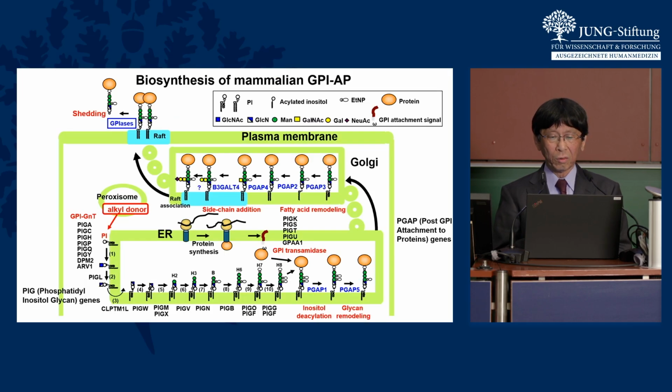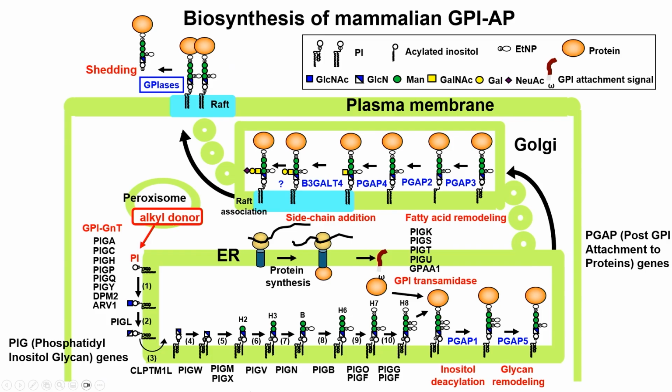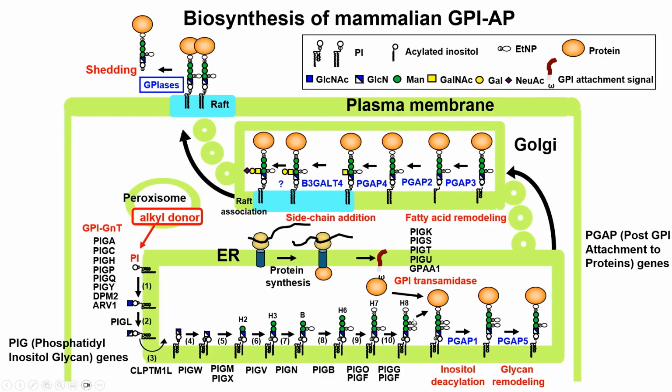And this shows how GPI-anchor proteins are generated in the cell. The biosynthesis occurs in the endoplasmic reticulum, ER, and the precursor protein and the GPI glycolipid are synthesized separately in the ER.